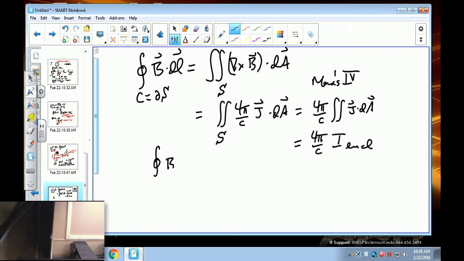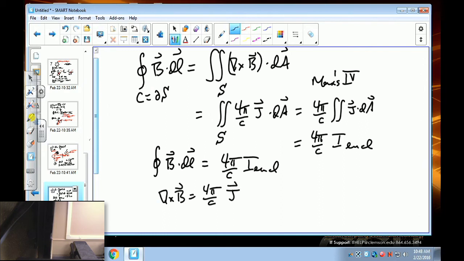So we have two different ways of writing Maxwell's fourth equation using Stokes theorem. This is the integral form, and this is the differential form. You'll usually see it in the differential form, but you can use Stokes theorem to get it into the integral form.